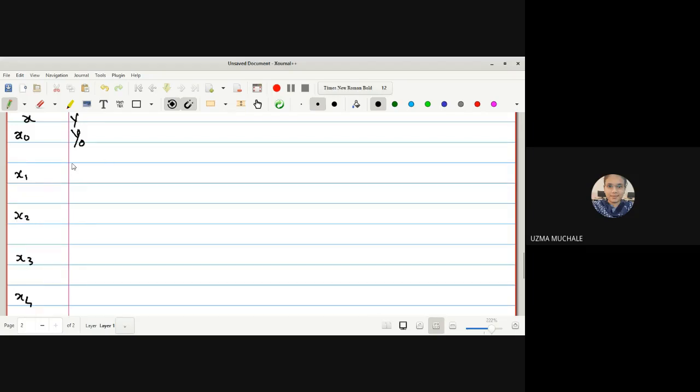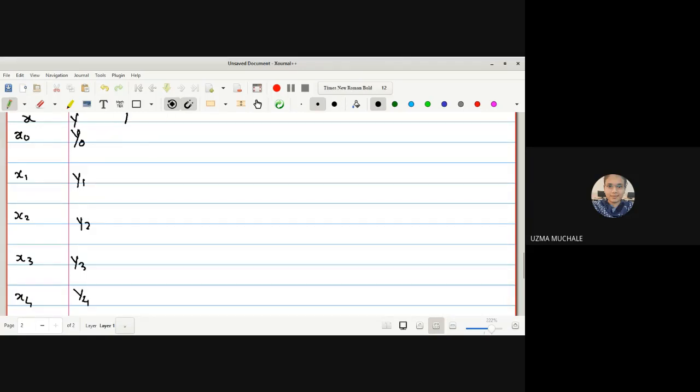Let us take up to x4. And y naught, y1, y2, y3, y4. We will prepare the table for the forward differences, and after preparing you will remember that we have already done this in the 12th standard. So that's why we are now removing this second chapter for your juniors. We have introduced some different topics for numerical analysis.